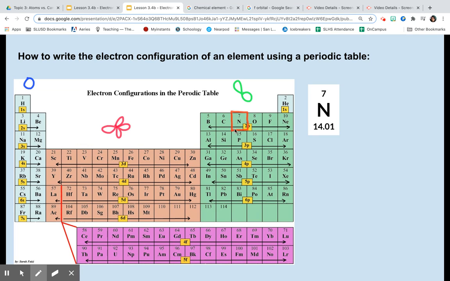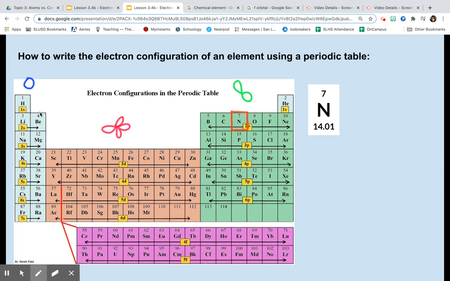And if you recall from previous classes, every time you move from one element to the other, going from element 1, hydrogen, to 2, helium, 3, lithium, 4, beryllium, you're just adding one extra proton.